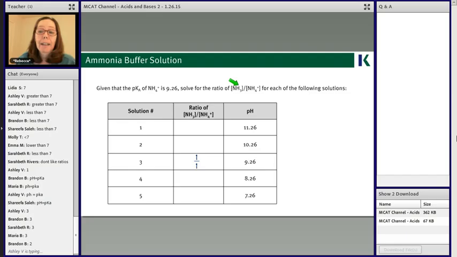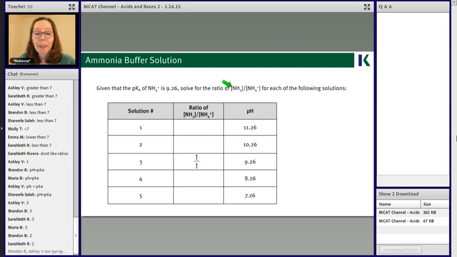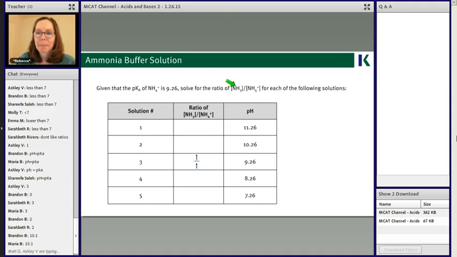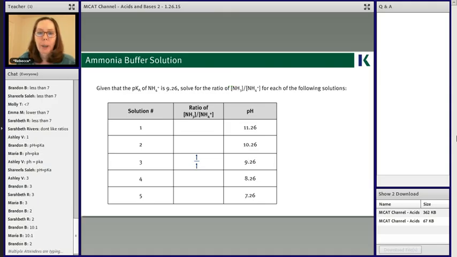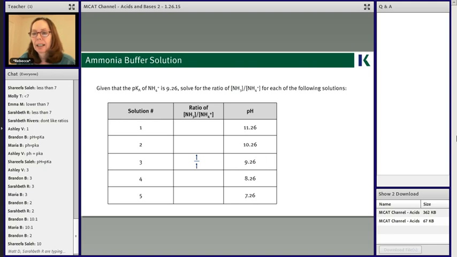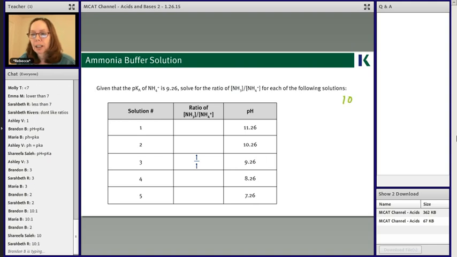Well, if the ammonia is 10 times bigger than the ammonium, what does that ratio turn into? What number does it become? 10 to 1, okay? And if we put that into a fraction, it's just 10 over 1.